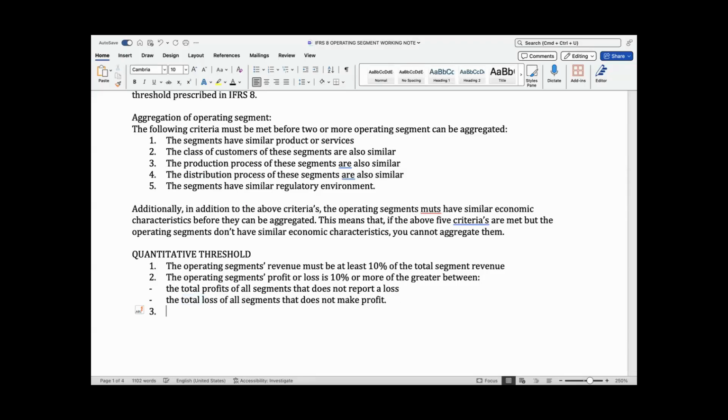And finally, the operating segment assets should be 10% or more of the total segment assets.